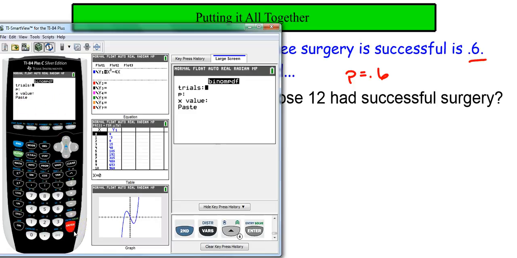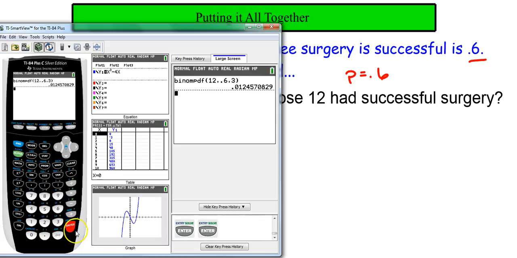Some of your calculators may be a little bit different, but again, these are the 3 things that I need. So number of trials is 12, probability of success is 0.6, and the X value is the number of successes that we're looking to calculate the probability of. So I enter binom PDF of 12, 0.6, 3.